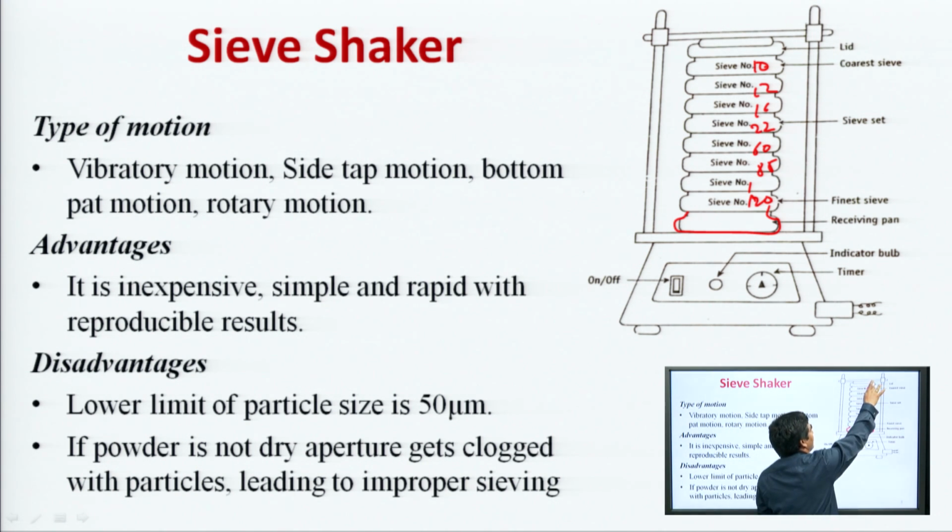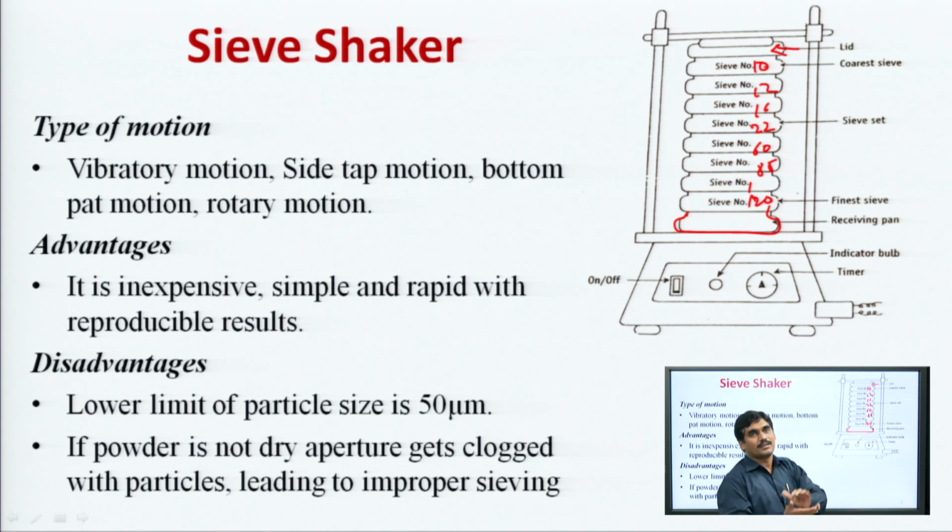On the top of the coarsest sieve, a lid is kept, so that the powdered material kept on the top of the sieve should not come out of the sieve shaker apparatus. In this way, by keeping a lid over the apparatus, we can avoid the loss of materials.